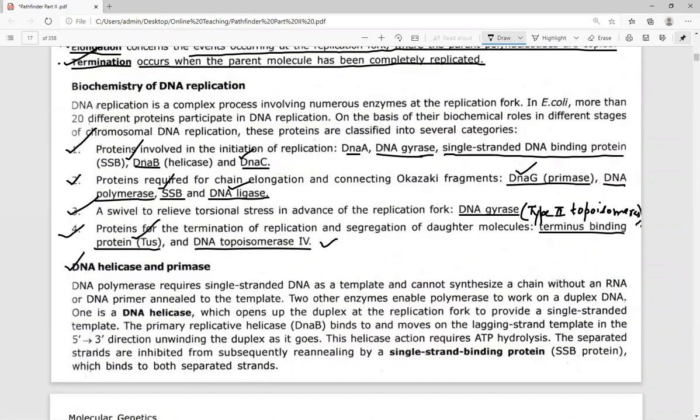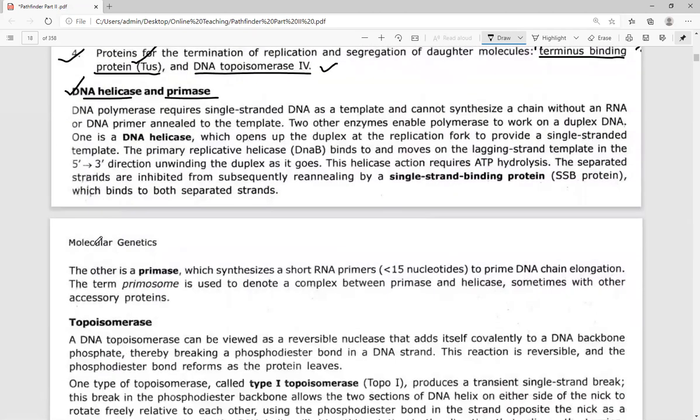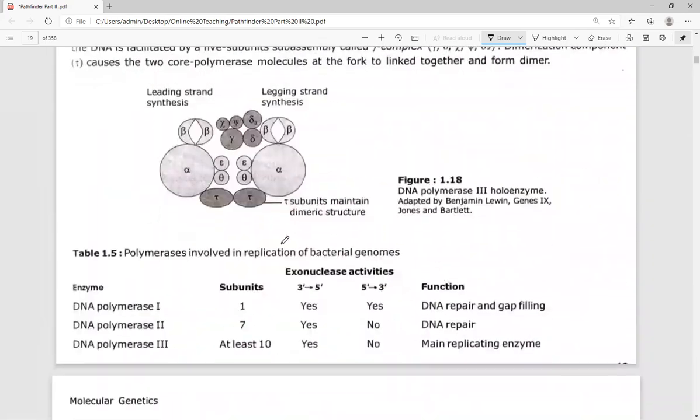You can go with the recorded version of the lecture, which I am going to provide you. After looking at the animation, we will start tomorrow's class with DNA helicase and primase. The link will be shared in your group. From there we are going to start with helicases and primases and then complete the entire procedure of DNA replication.